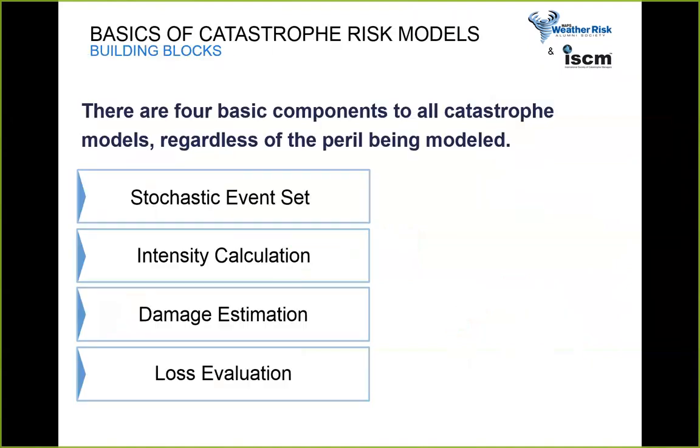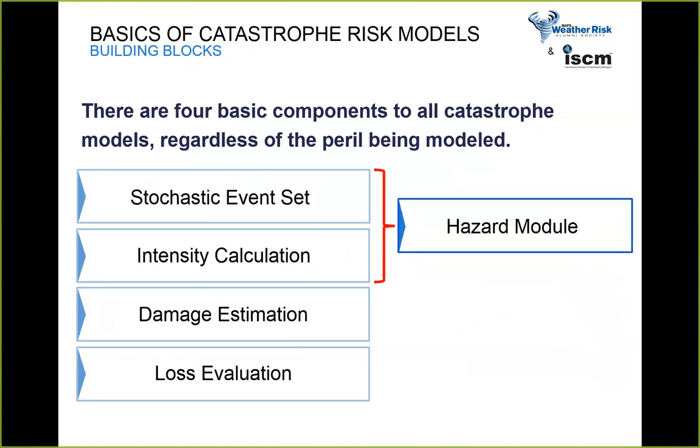I apologize. So there are 4 basic building blocks to all catastrophe risk models, regardless of whatever peril that you're modeling. And they are listed here: the stochastic event set, the intensity calculation, damage estimation, and finally, loss evaluation. Now, you'll see sometimes in the industry, these 4 components are grouped together in a different way.